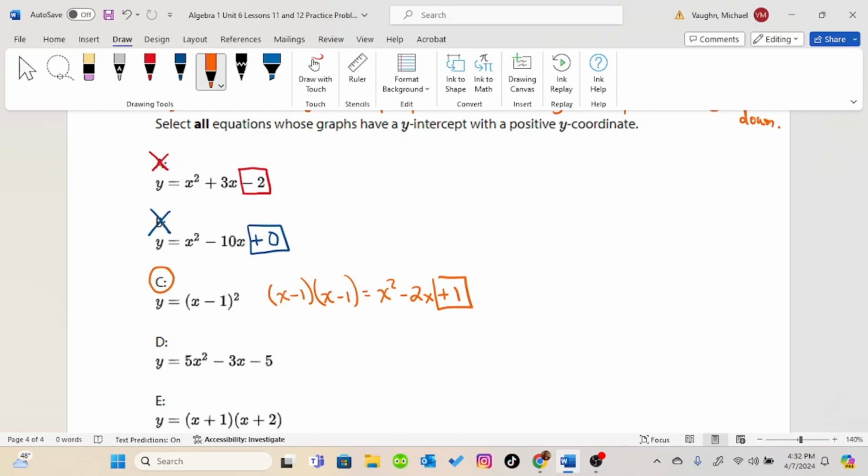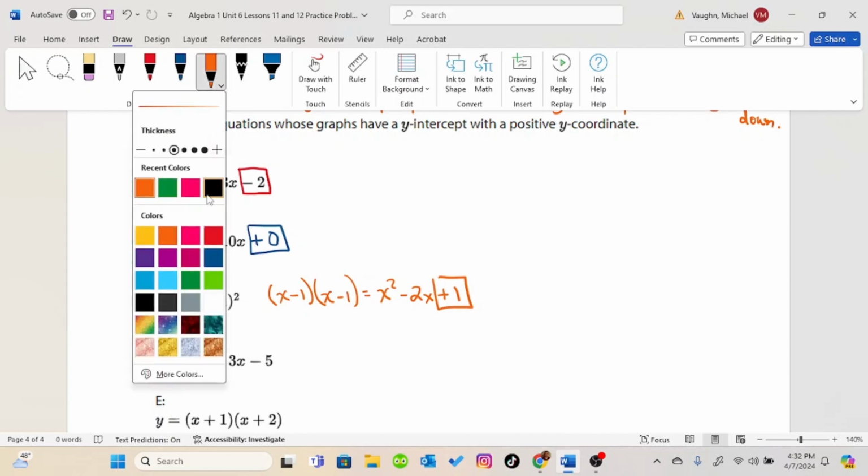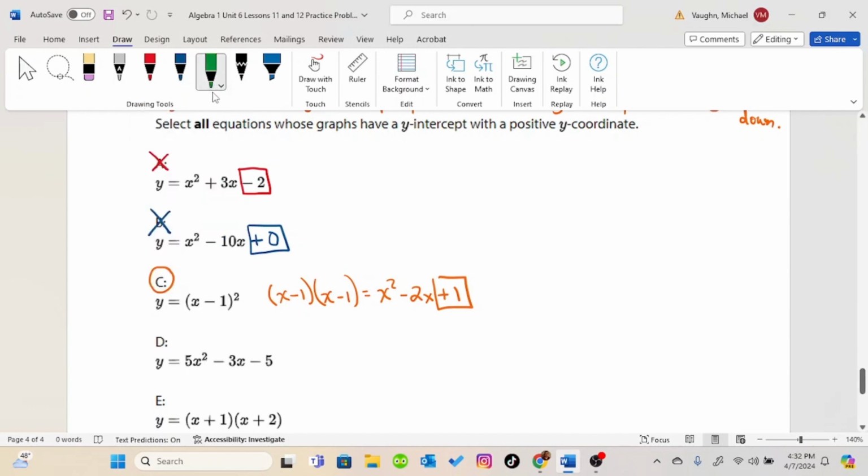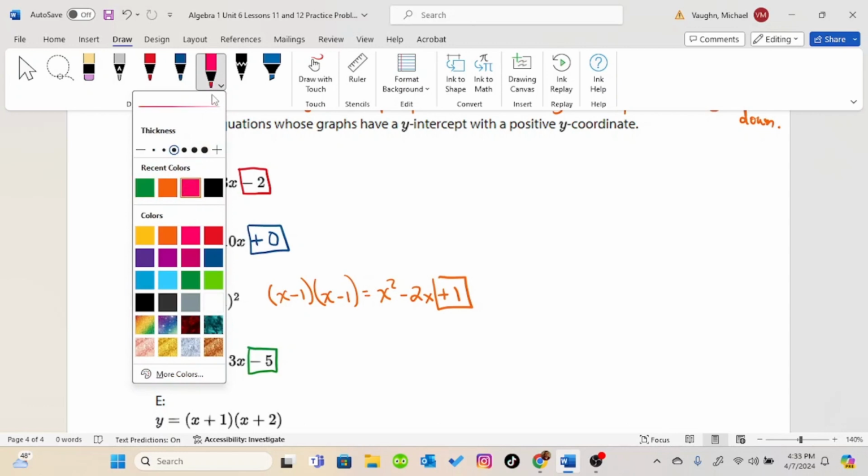So C is a correct answer. D is in standard form, so the number only portion is the y-intercept. We can see that it's negative, not positive, so D is incorrect.